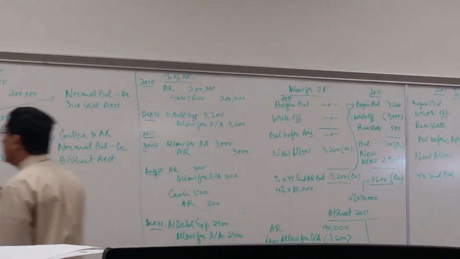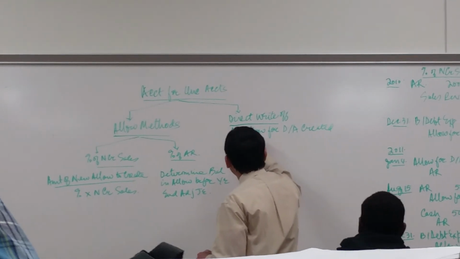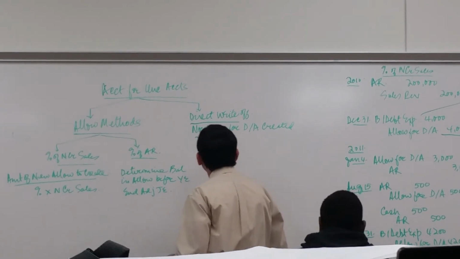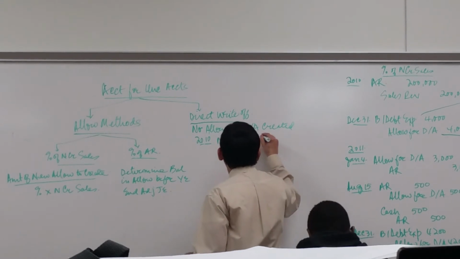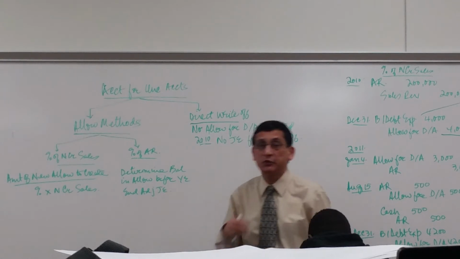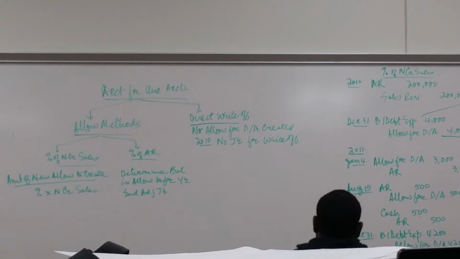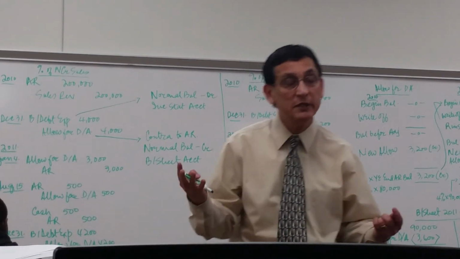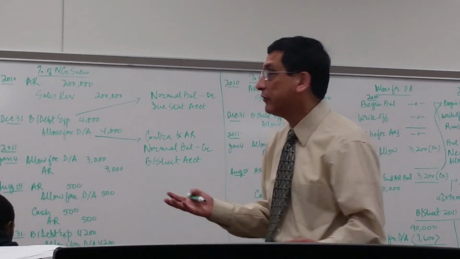So in 2010, there is no journal entry for write-off. You will do the other journal entries to report credit sales, collection on account, and all that. But there is no journal entry for write-off because nothing was written off. And there is no allowance for doubtful accounts created.